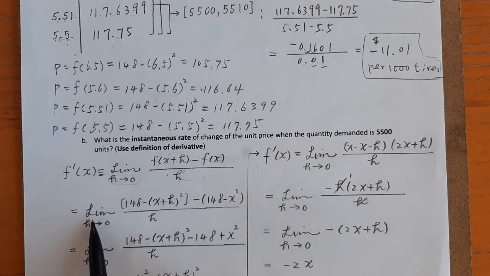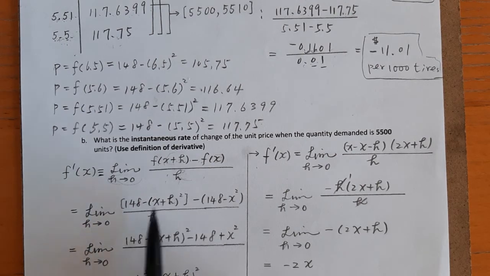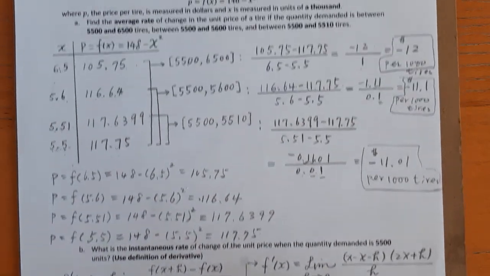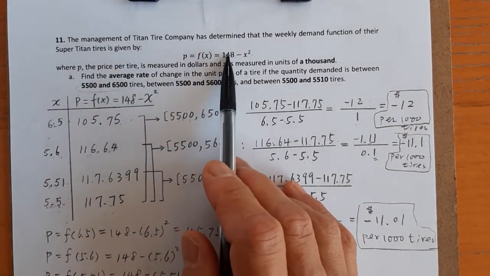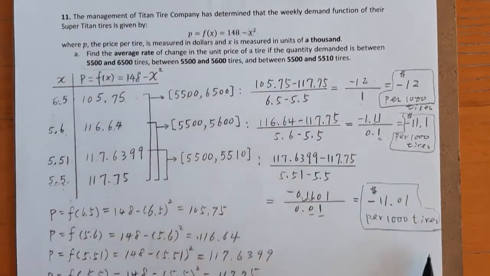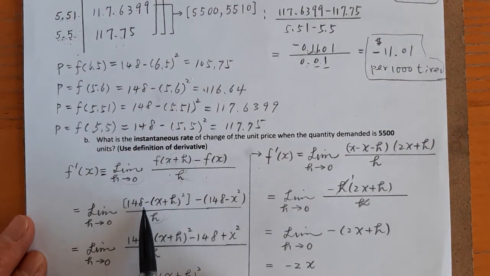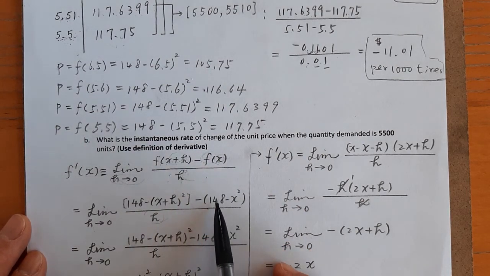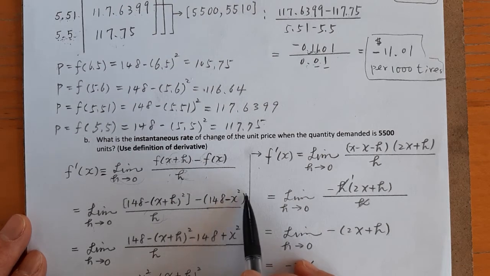So it equals the limit as h approaches 0. The denominator is still h. For the numerator, x plus h, you have to plug into the original function: 148 minus x replaced by x plus h, quantity squared, minus f of x. f of x is 148 minus x squared.